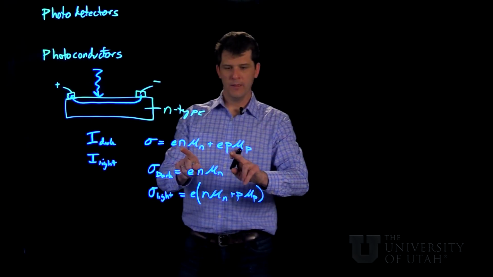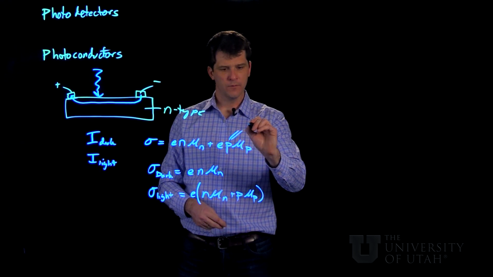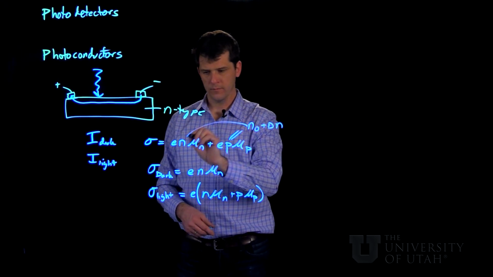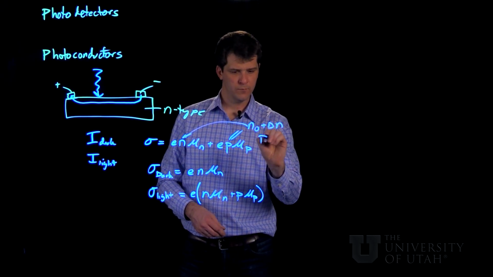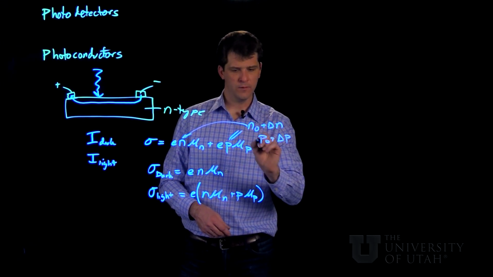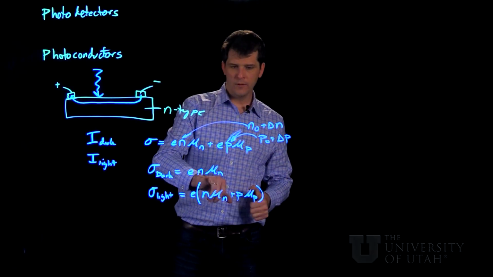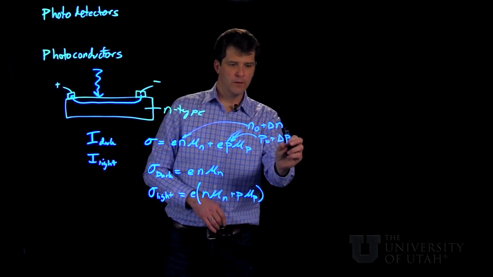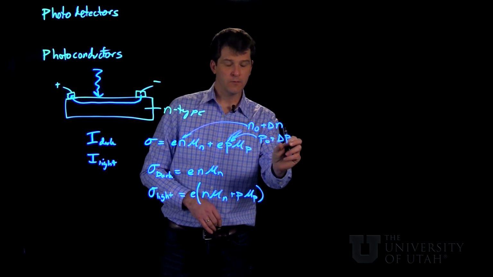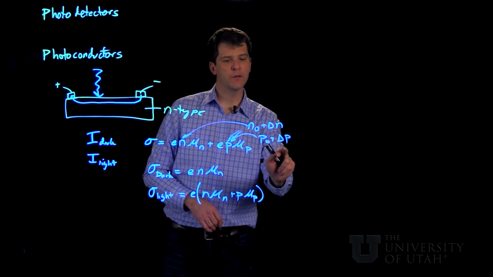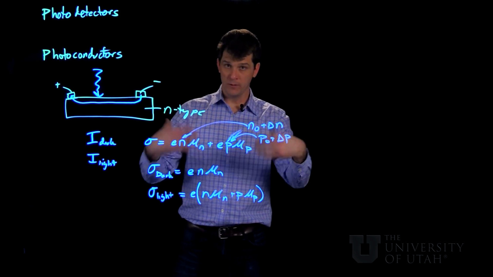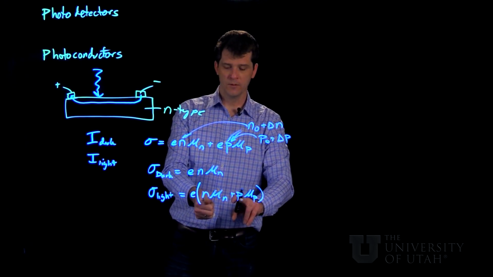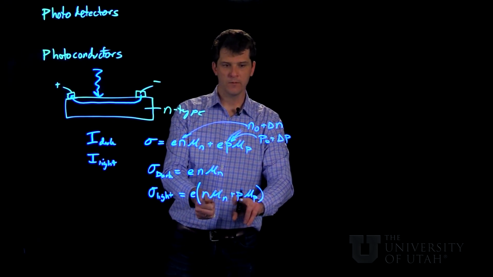that each of these terms, n and p, can be broken out into n naught plus delta n for this one, and p naught plus delta p for this one. What we're saying here is that the p naught term is essentially negligible, but for usual low injection conditions, this delta p can start to get quite a bit larger and make p appreciable compared to n itself.